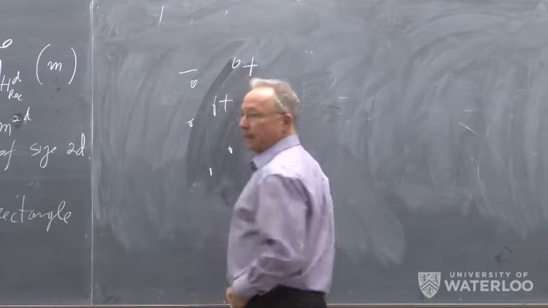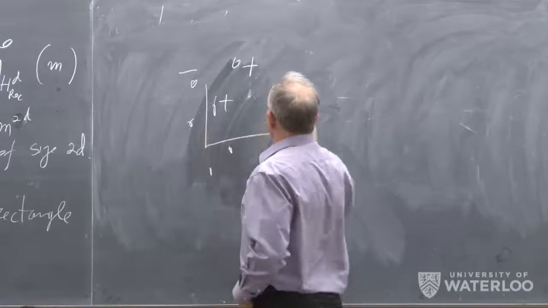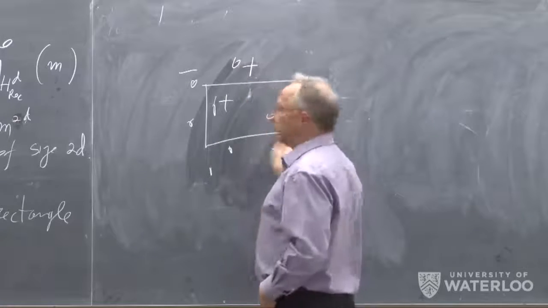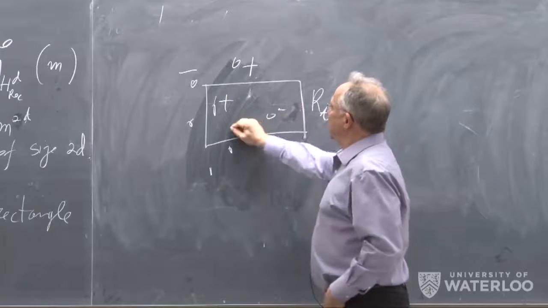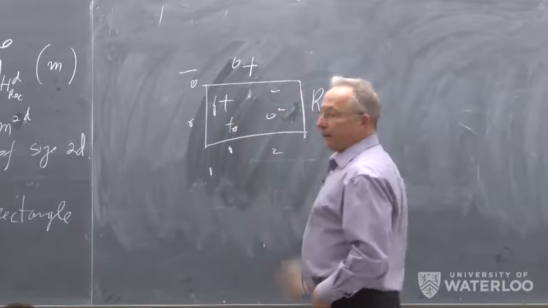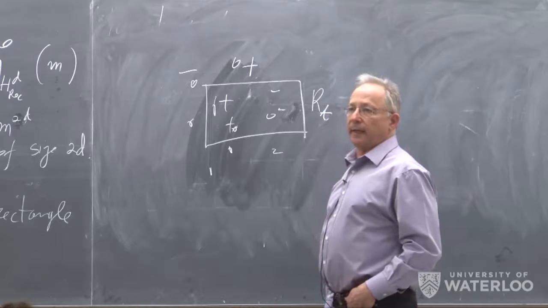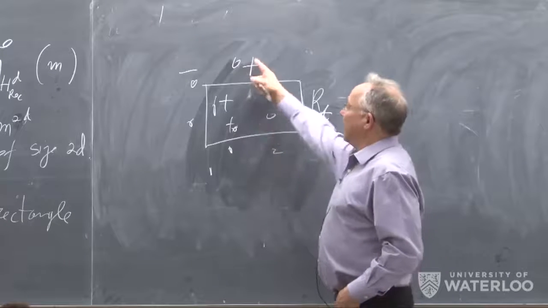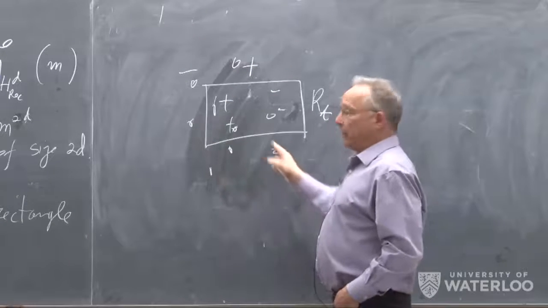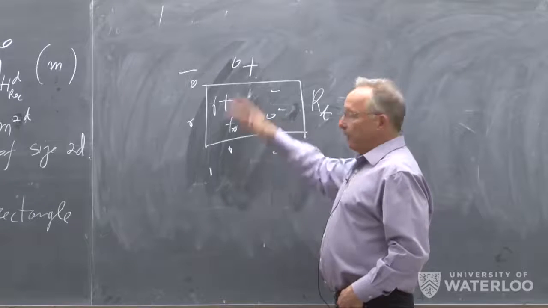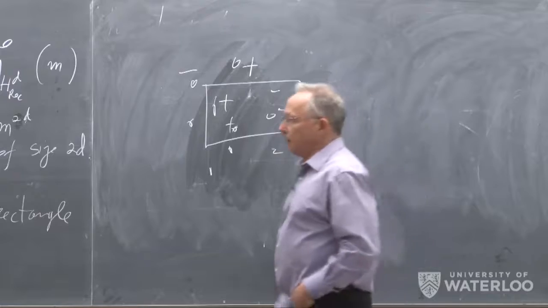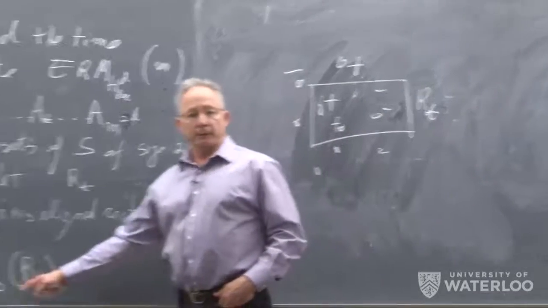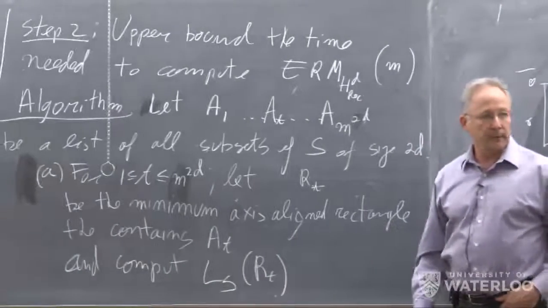And now I picked some rectangle. This is my rectangle R_T. So I can compute its empirical error. I just count how many pluses are outside, how many minuses are inside, and divide by M. So I compute this loss for every such rectangle.